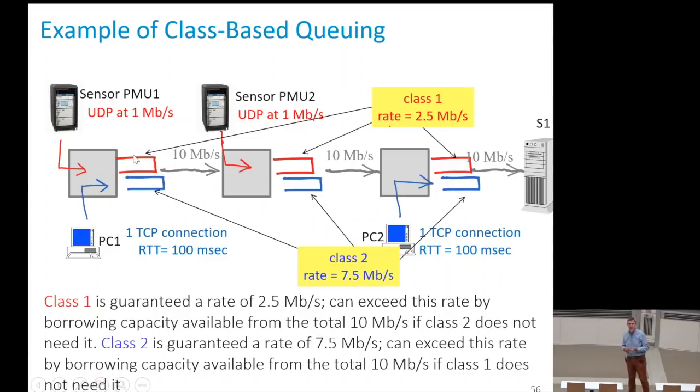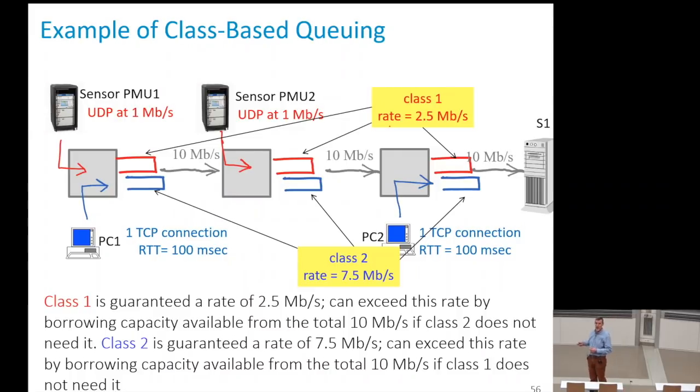In typical implementations, those are minimum rates, and whenever a class is not using its capacity, it's available for the other class. So if, for example, the source here is using 1 megabit per second, de facto the available rate for TCP here is 9 megabit per second on this link. But it's guaranteed that whatever happens, it will always be 7.5.